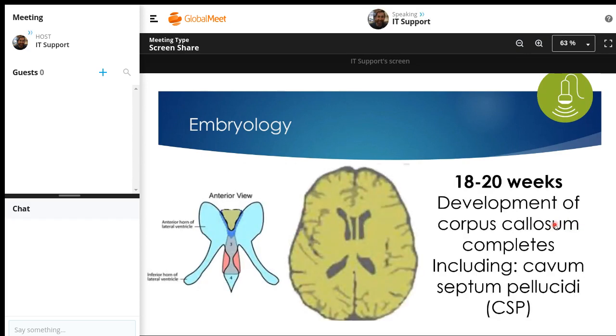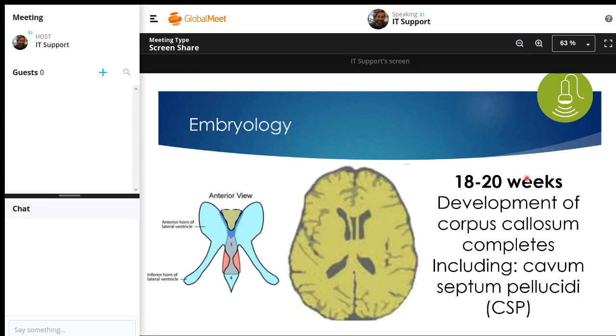So moving on to 18 to 20 weeks, we have the development of the corpus callosum that completes. And that will include the cavum septum pellucidum, or septi pellucidum, septum pellucidum. Everyone says it differently. This is why on ultrasound we can't see the CSP until around 18 weeks.